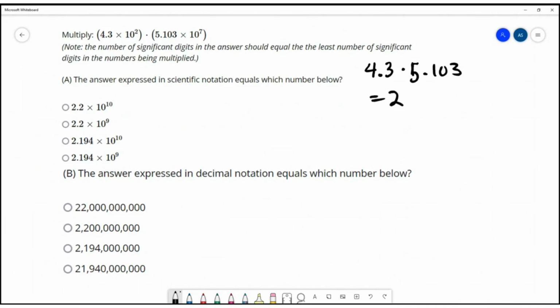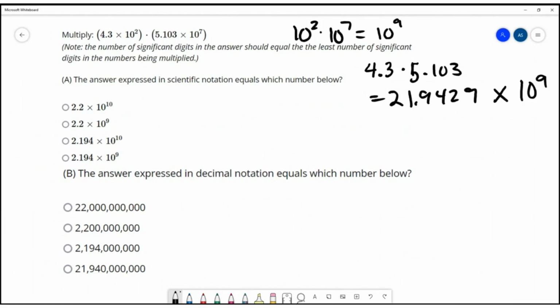And that comes out to be 21.9429. And with the powers of 10, 10 squared times 10 to the 7th, because we're multiplying with the same base, we can add the exponents, so that's 10 to the 9th power. So we've got 21.9429 times 10 to the 9th.